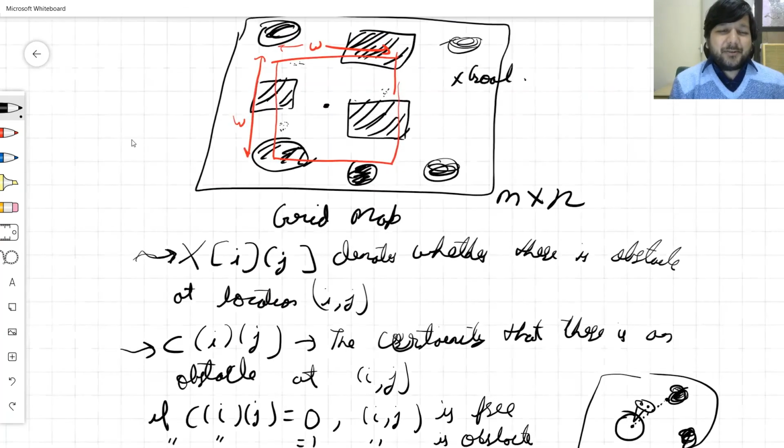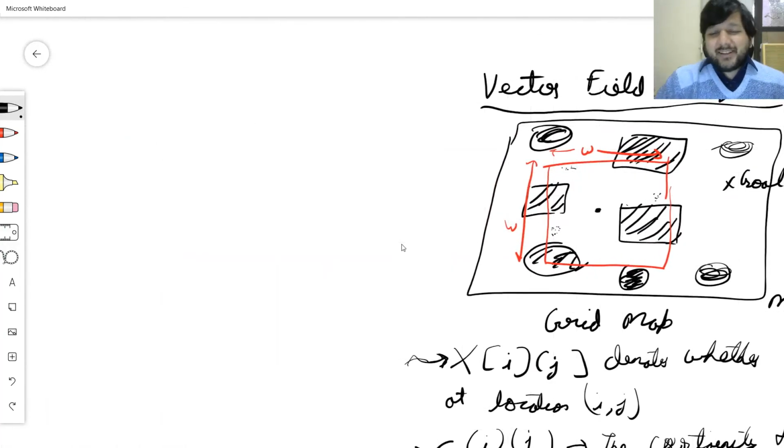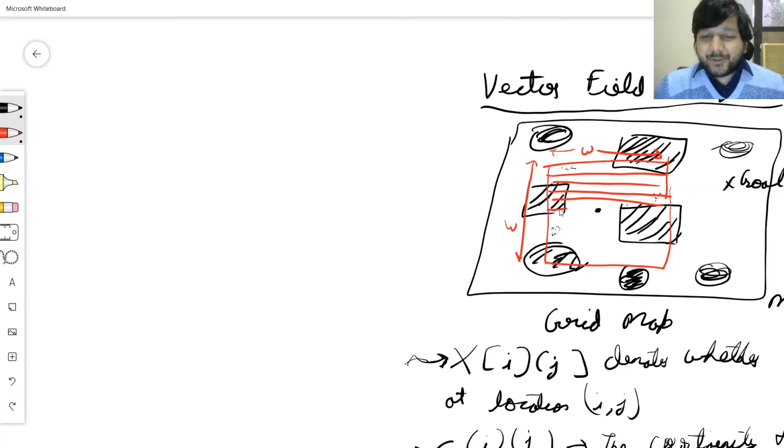So what we're going to do is we are just going to apply a potential field in this grid map, and now because this is a grid map, I discretize it up. In potential field, we mostly assume that it is continuous, and now it's a grid map of size W cross W.